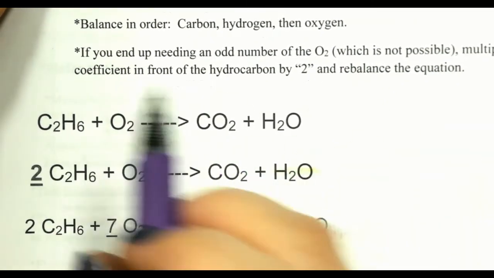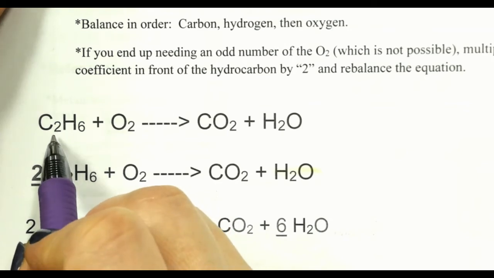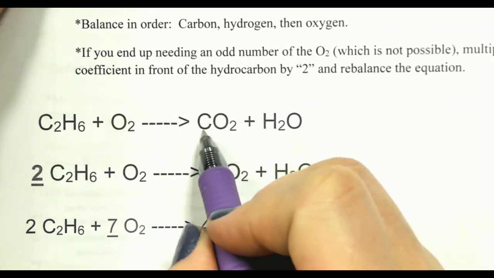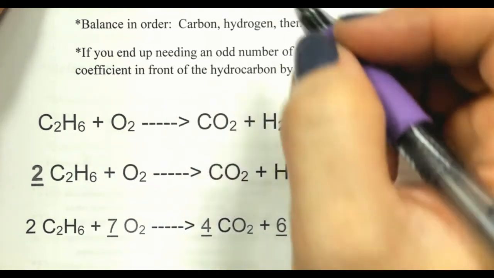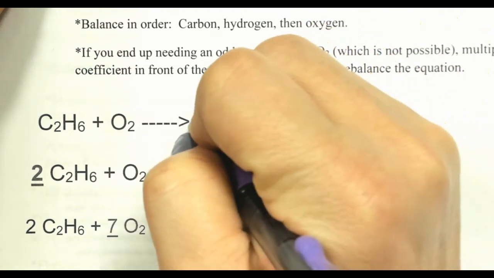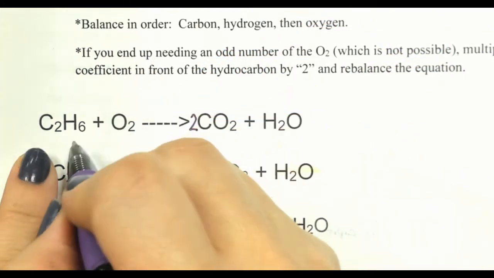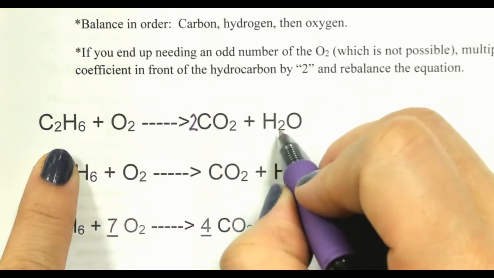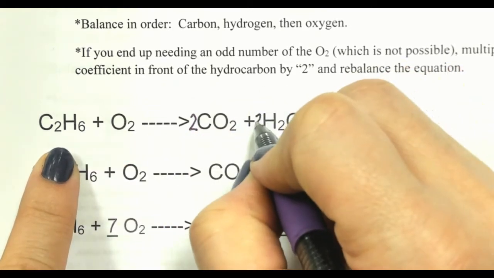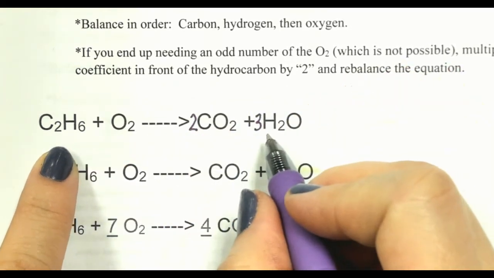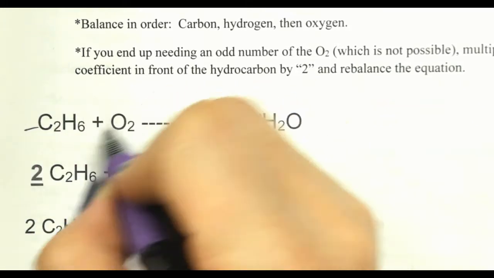In this first example, we have 2 carbons on the left, 1 carbon on the right. So in order to balance it, you would put a 2 here. Now I have 6 hydrogens on the left, 2 hydrogens on the right, so you would put a 3 there. So carbons check, hydrogens check.